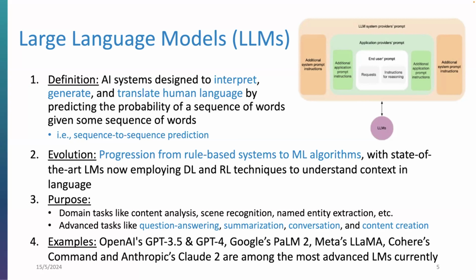But there's been a lot of work in AI to get to this point. But now we're at the state where we have these state-of-the-art language models, providing these language models as a service through APIs and things like that.